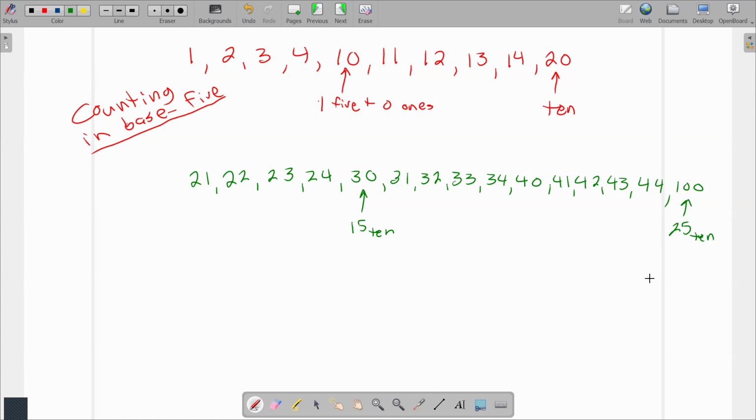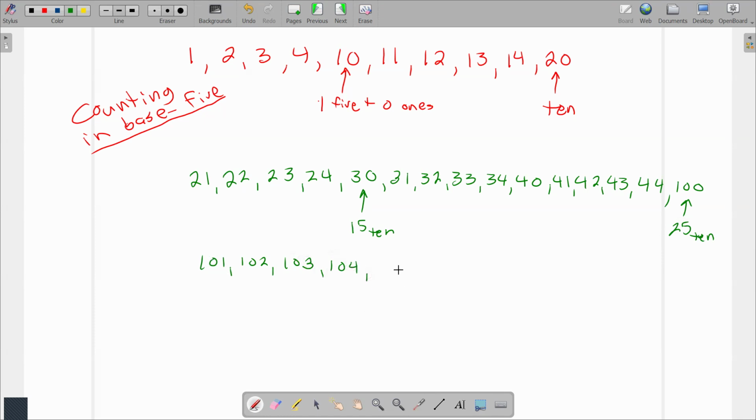Base 5. So this would be 26, 27, 28, oh, wait, 29.